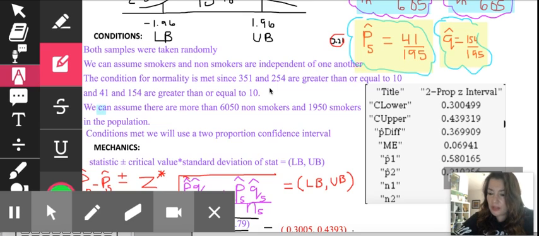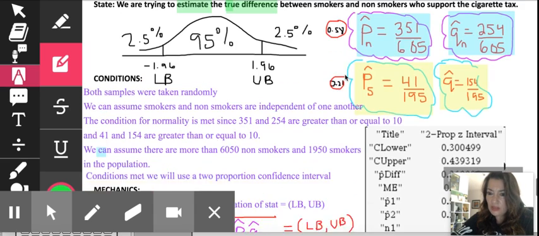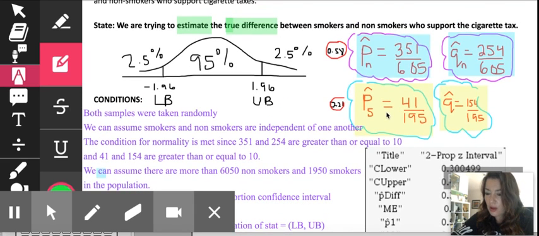If you recall the condition of n p hat greater than or equal to 10, so we have 351 and 254 are greater than or equal to 10, and 41 and 154 are greater than or equal to 10. You could see it is just the numerators of our proportion.